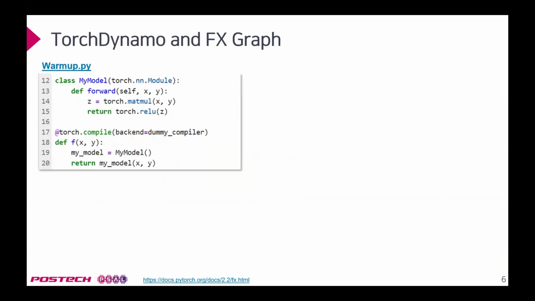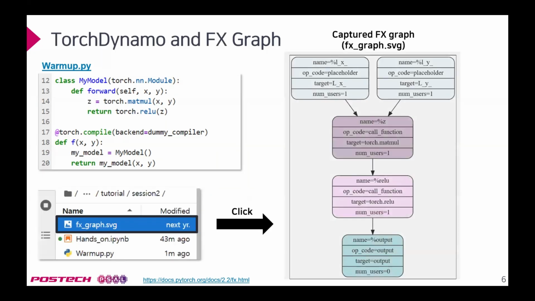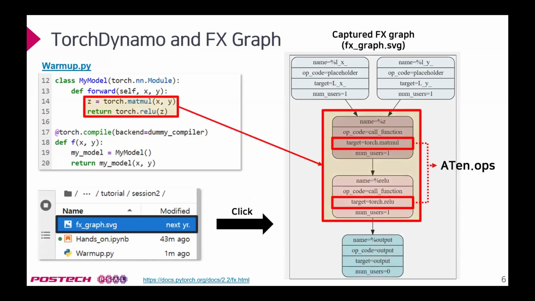Okay, after running warmup.py, you will see the captured FX graph saved as fxgraph.svg, and you can click on it to view the graph. Then you will notice that the graph is expressed in terms of ATen operations. These are the core PyTorch operations that sit at the lowest level of the Python API.